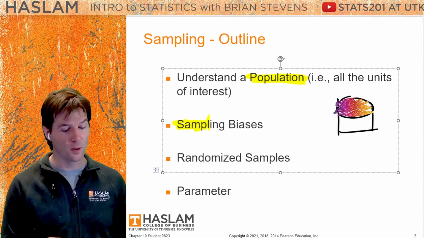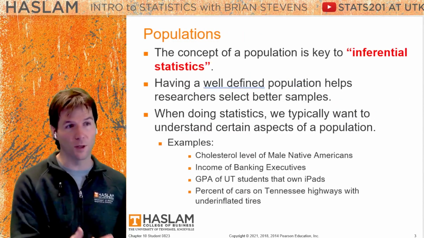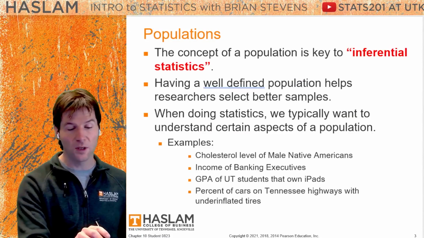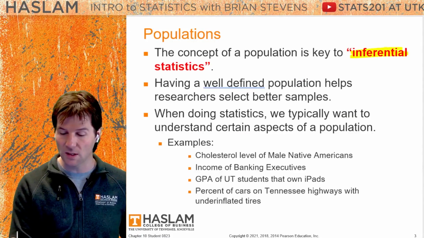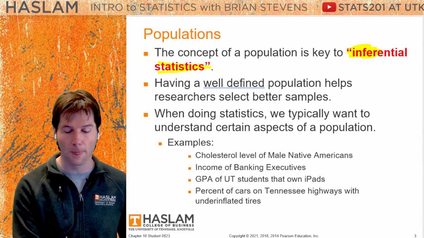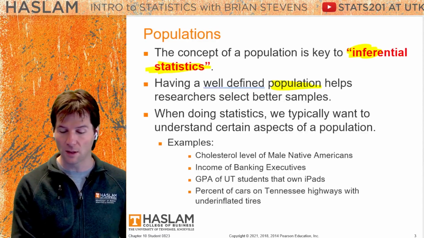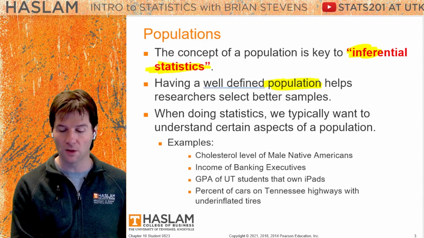Your sample would give you a statistic, and this is where we get into the concept of inferential statistics. Inferential statistics means with your statistic, you try to infer the truth about the population. So statistics allow us to infer things about a population that is well defined, something we want to understand.